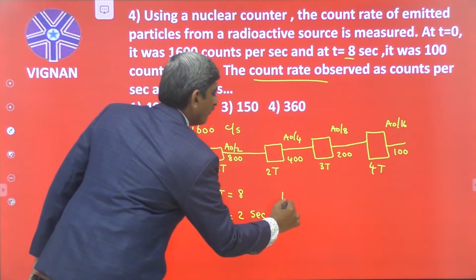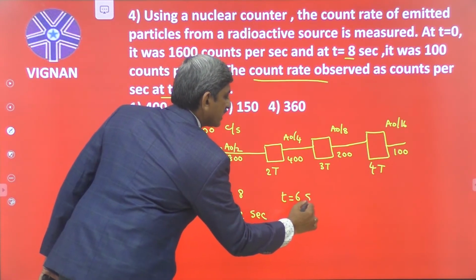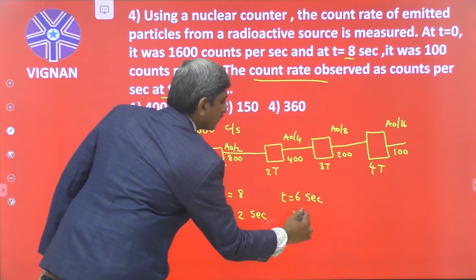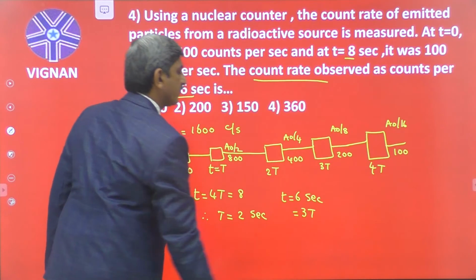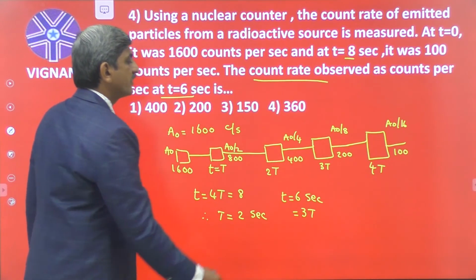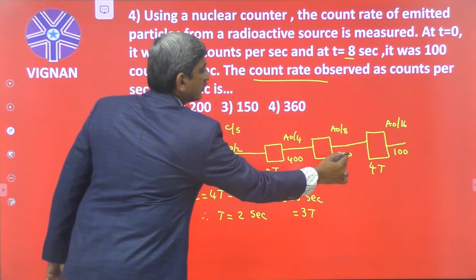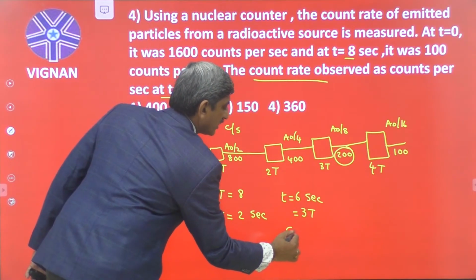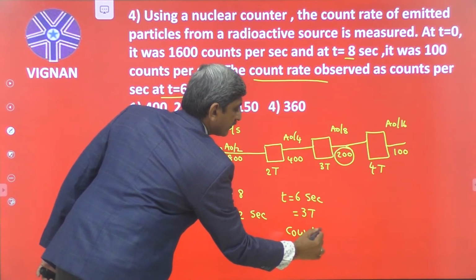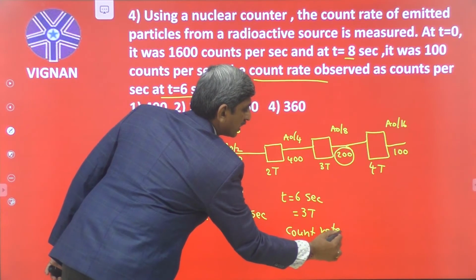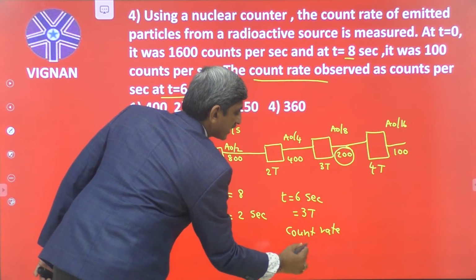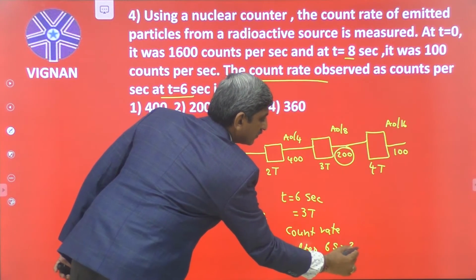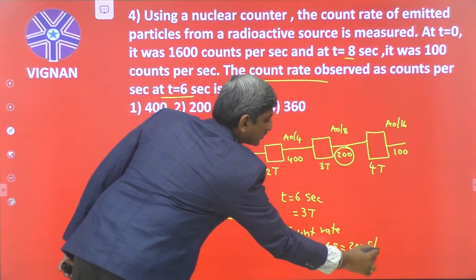That means when the time t is equal to 6 seconds, the number of half-lives is equal to 3. That's why after 3 half-lives, the count rate is equal to 200. That's why the count rate after 6 seconds is equal to 200 counts per second.